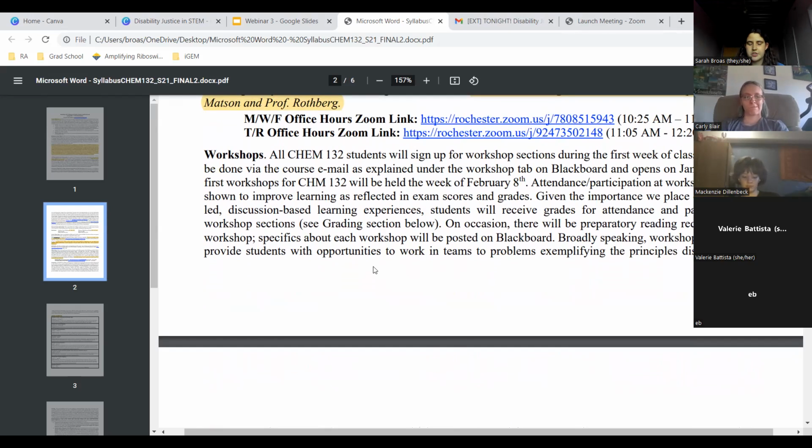Here at University of Rochester, workshops are very popular for classes where students will kind of come together and complete problems together, questions, etc. And that I find can be, again, another way to learn. So it'll increase accessibility by providing information in multiple formats, which is great.